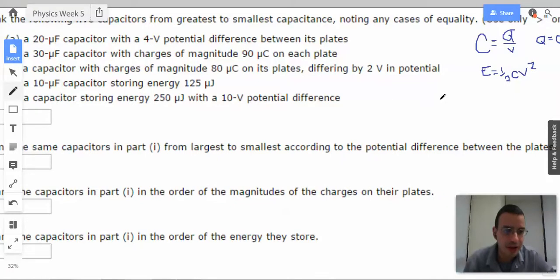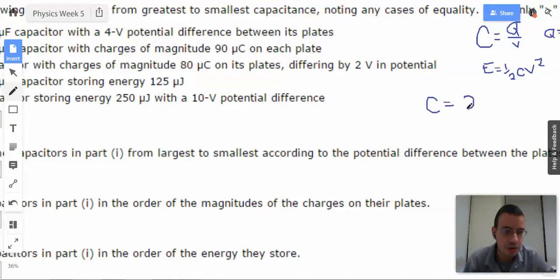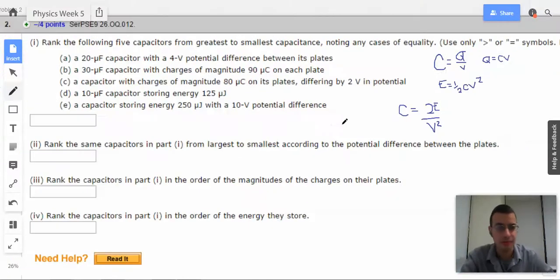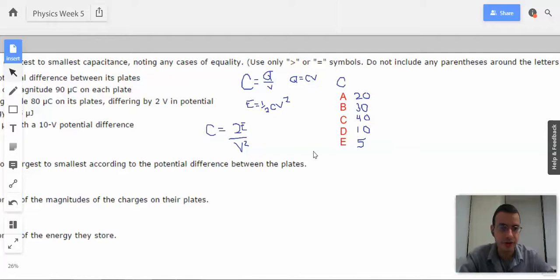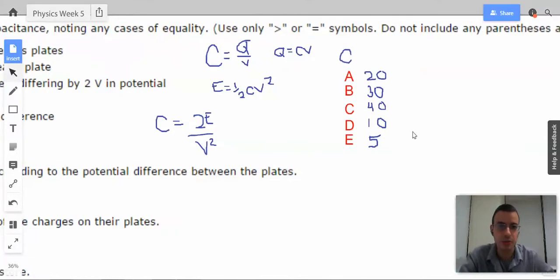For this one, we're going to have capacitance equals 2 times energy over V squared. So we have 500 microjoules divided by 100 volts squared. 500 divided by 100. Yep, I'm going to say that's 5.